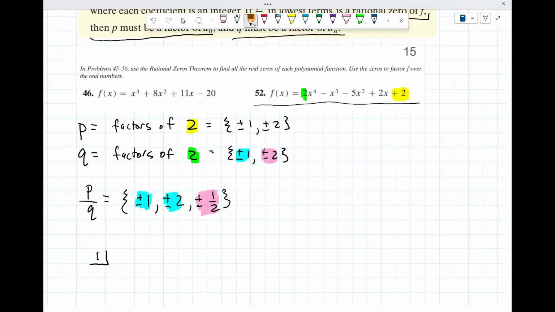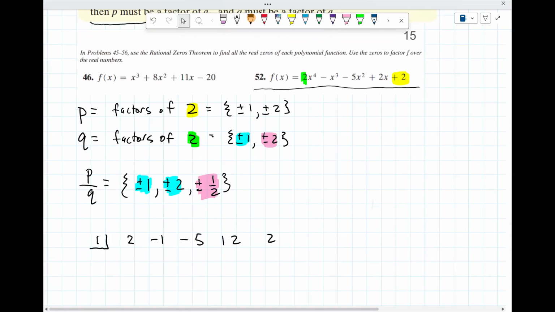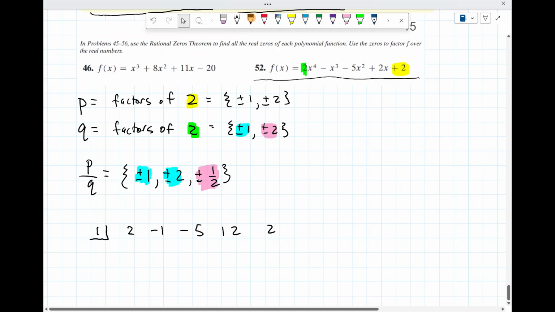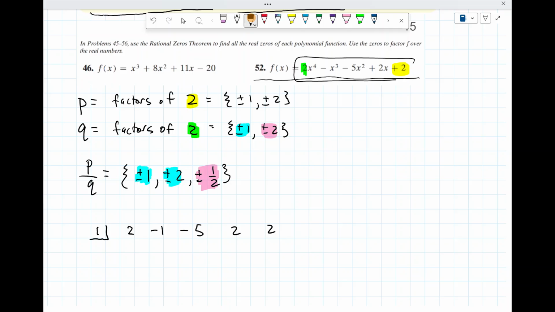I'm going to test, is positive 1 a 0? Here are my coefficients in order from my polynomial. I'm actually going to get rid of these pluses. I don't need those. And again, that just comes from the coefficients of the polynomial.